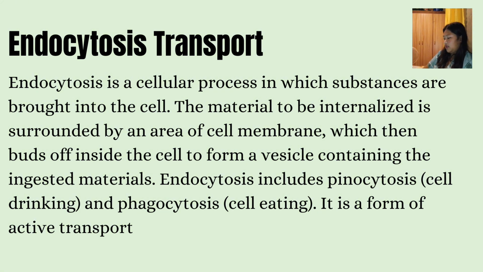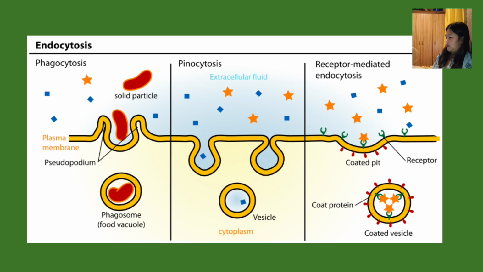Endocytosis includes pinocytosis, which is the cell drinking, and phagocytosis, which is the cell eating, and it is a form of active transport. So we have the picture here, as you can see.